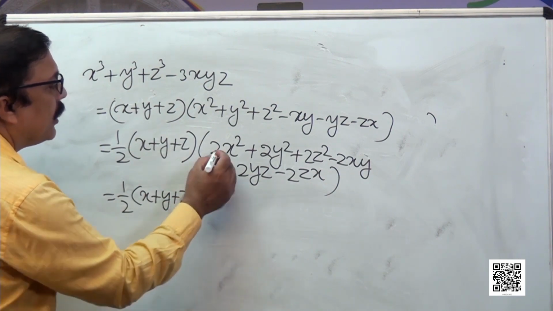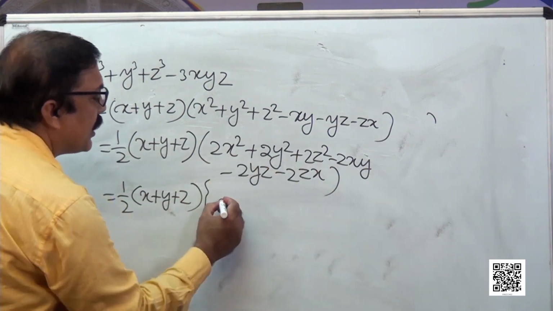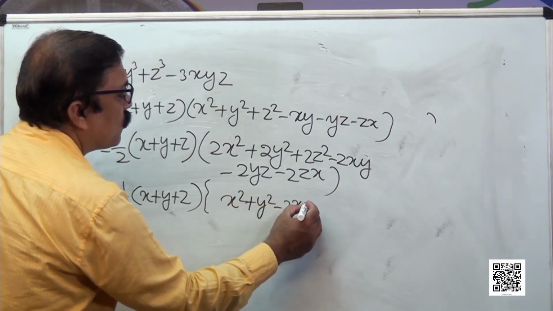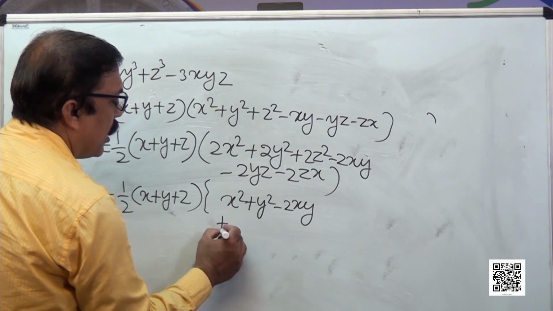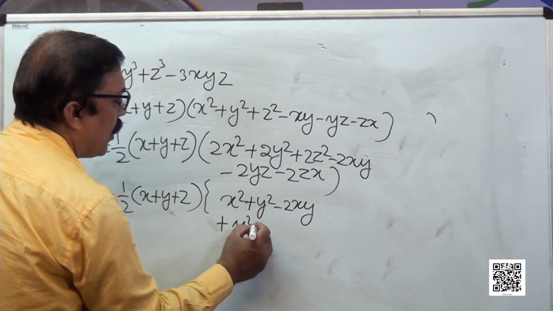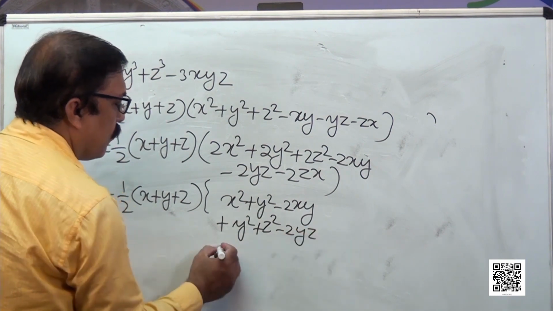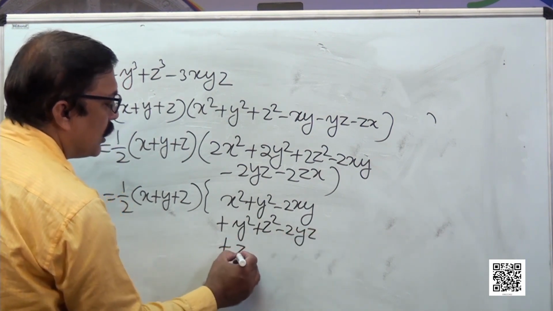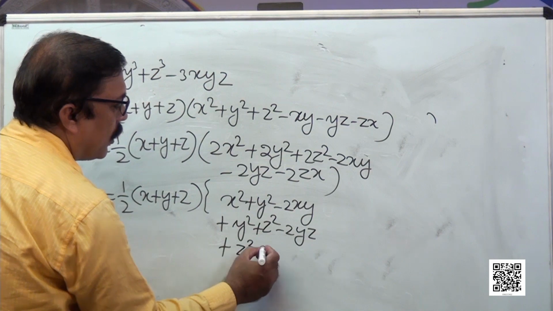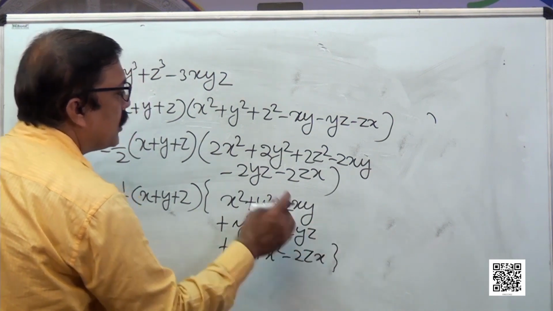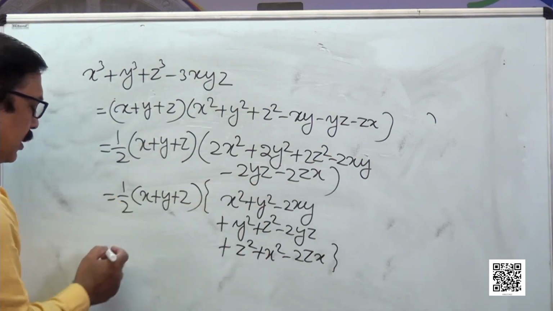Then here we can rearrange this as x square plus y square minus 2xy plus y square plus z square minus 2yz plus z square plus x square minus 2zx. Just rearrange this, we will get this one.